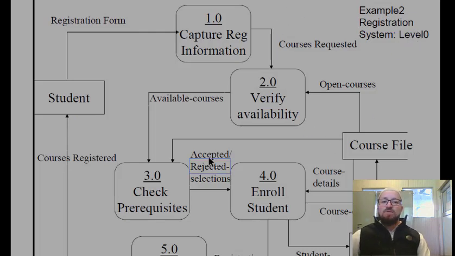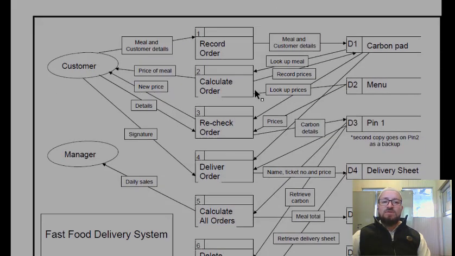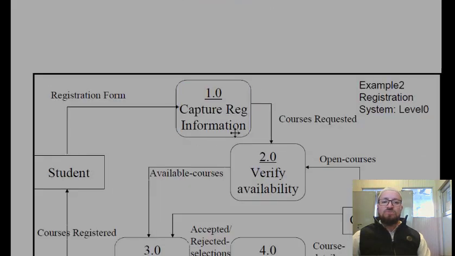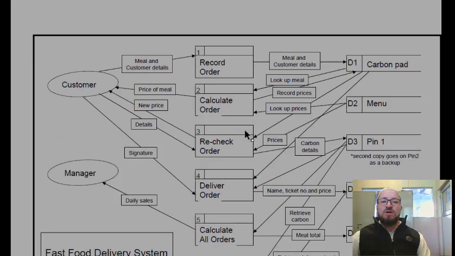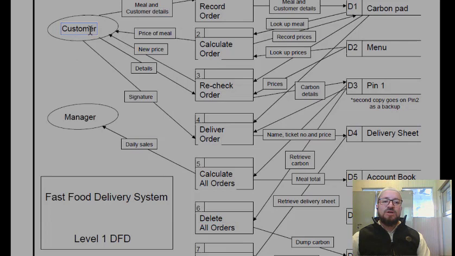When we move on to level 1, it will refine each and everything. This is for capture registration information and so on. At level 1, we have record order, calculate order, recheck, delivery order, calculate all orders, and we are refining it, putting up all the processes and all the databases it has.